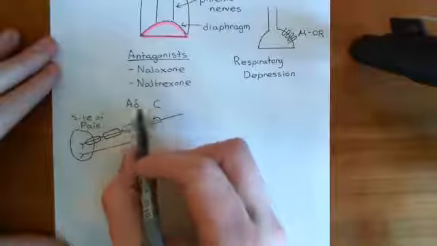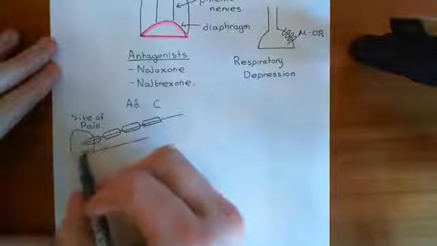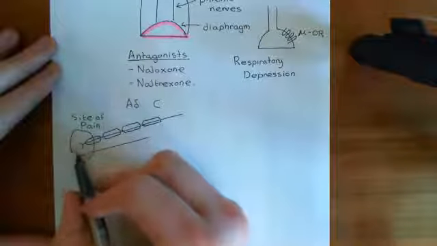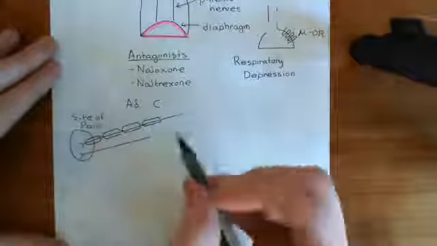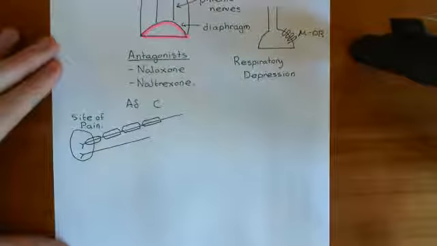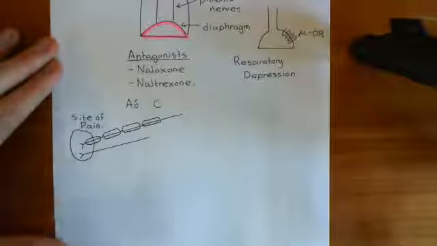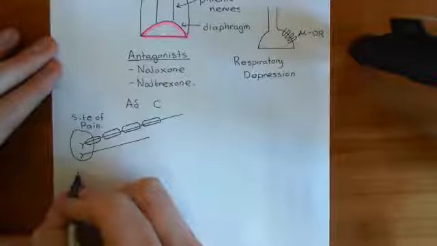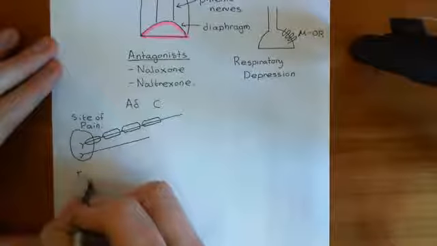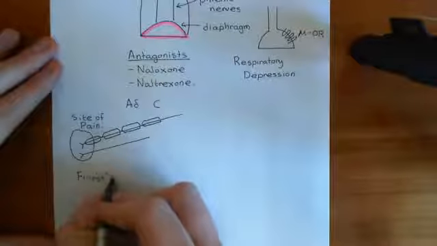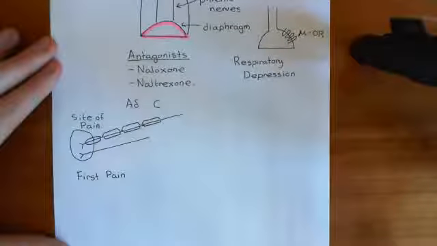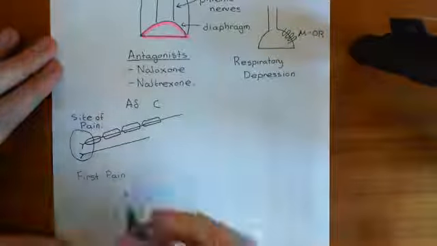Both of these types of pain fiber will be activated by molecular signals within the site of pain. Now, we can split the perception of pain, the pain experience, into two portions. The first portion is called first pain or primary pain, where you've just hurt yourself, maybe you've just cut yourself, and you get a very sharp pain.